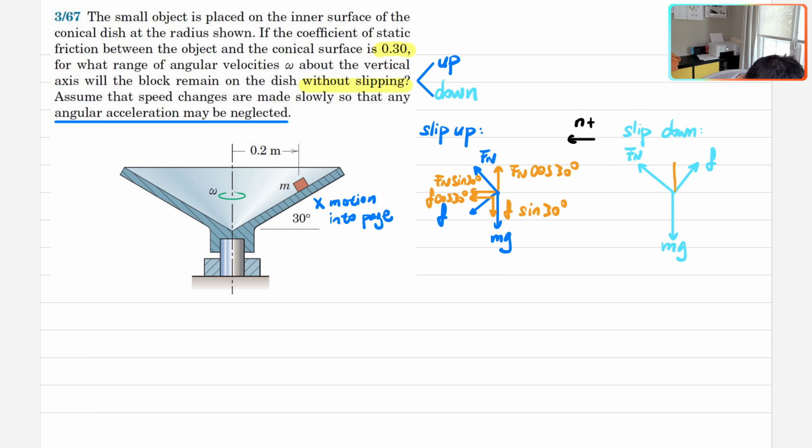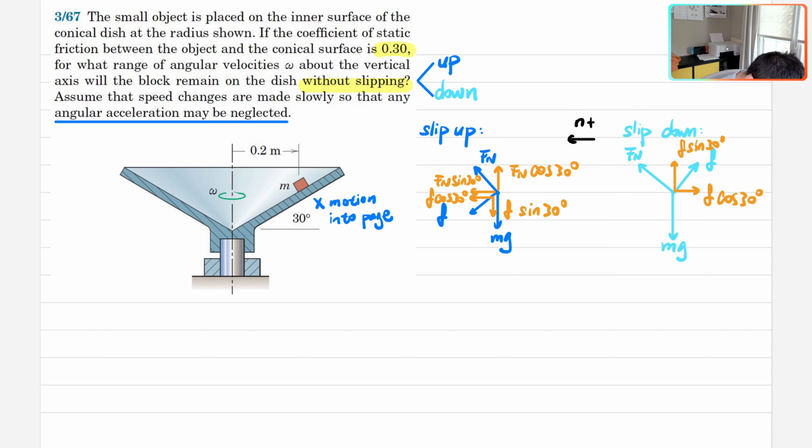Your friction would be broken into these two components. This is F cos 30 degrees, and you have your F sine 30 degrees.